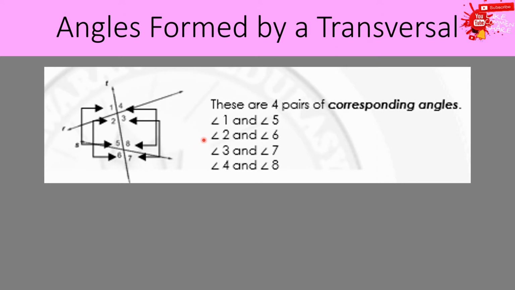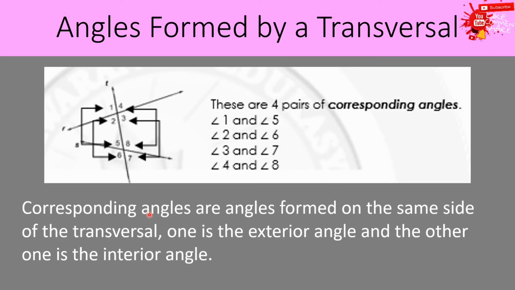So what do we mean by corresponding angles? Corresponding angles are angles formed on the same side of the transversal, where one is an exterior angle and the other one is an interior angle.